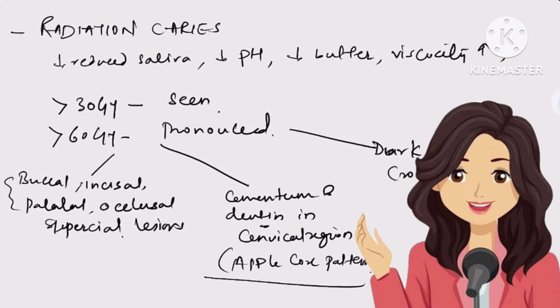So these are the three types of radiation caries that you can see. Radiation caries are rampant caries in those who receive the course of radiotherapy that includes exposure of salivary gland. Consequence of that, reduced saliva, there is radiation caries occurring in the patient.